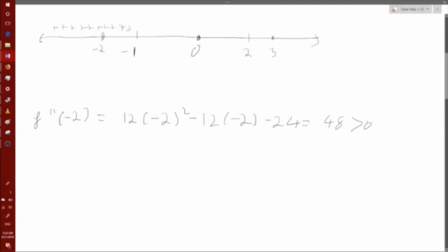And then let's check the second derivative at 0. So we plug that in. We just get negative 24, which is less than 0. So the sign changes between negative 1 and 2. And then let's check the right side, which is past our second inflection point, by plugging 3 into the second derivative of the function.